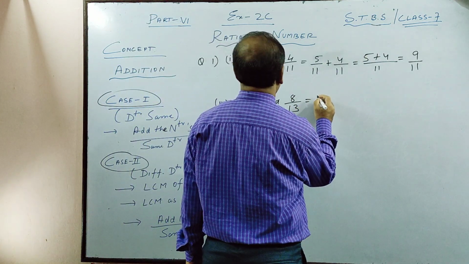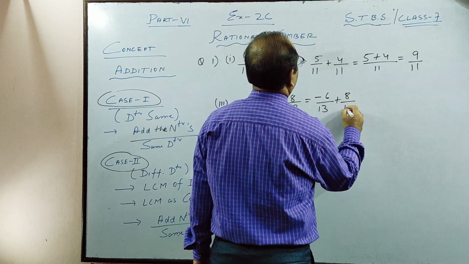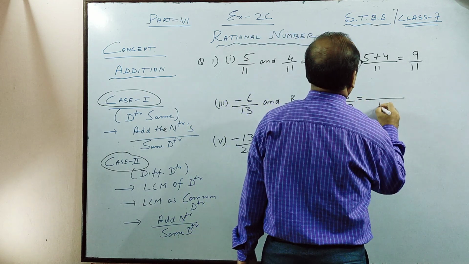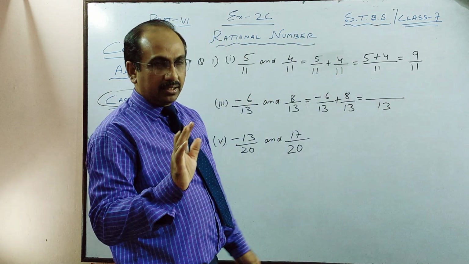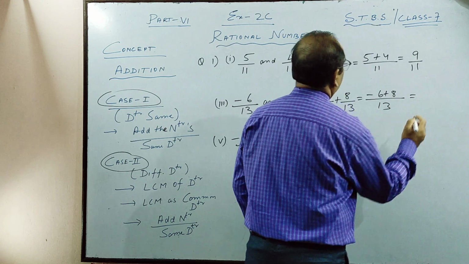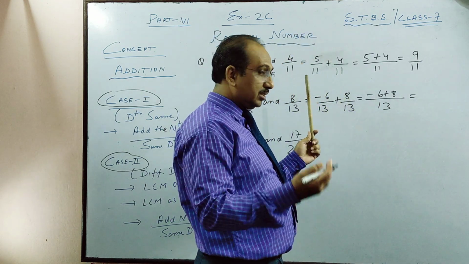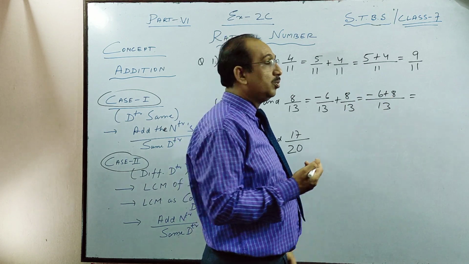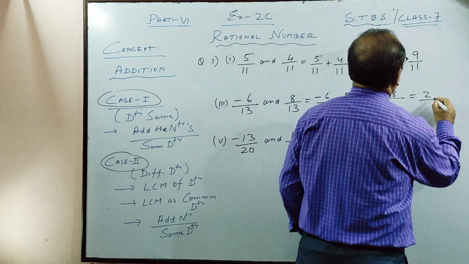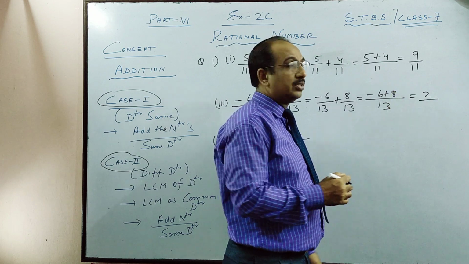Same thing here, children. Minus 6 by 13 plus 8 by 13, same denominator, don't add the denominator, add the numerator. So minus 6 plus 8: in my previous chapter I told you how to add negative and positive. Subtract the smaller from the larger, put the sign of the larger.